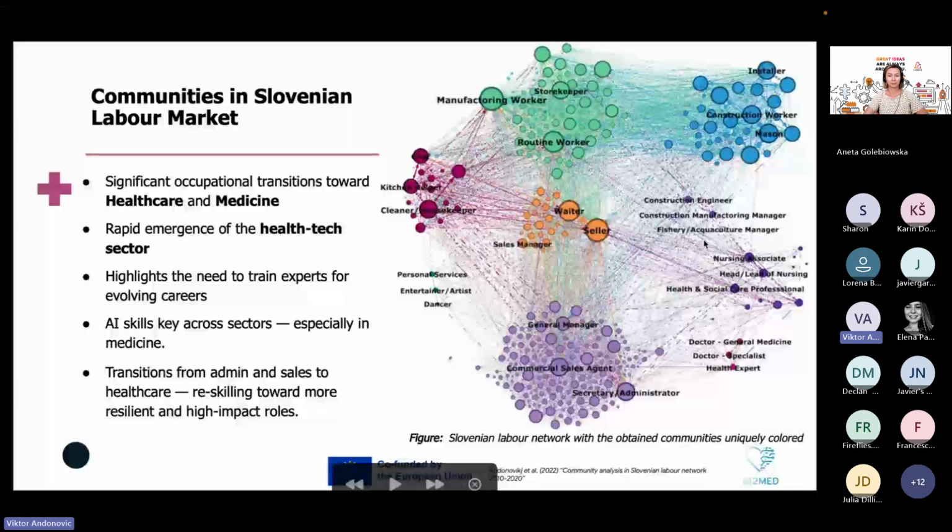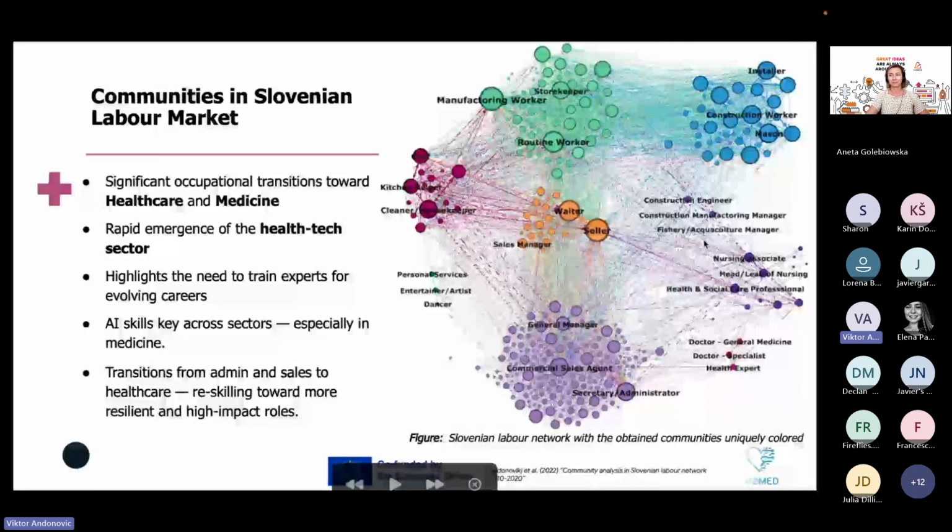One of the reasons for these high transitions towards the healthcare domain is the rise of AI. This means that the need for AI skills in the medicine and healthcare sector is rising.